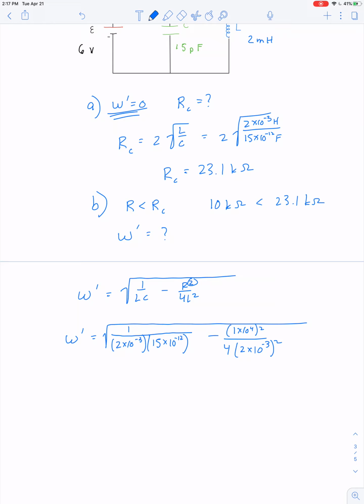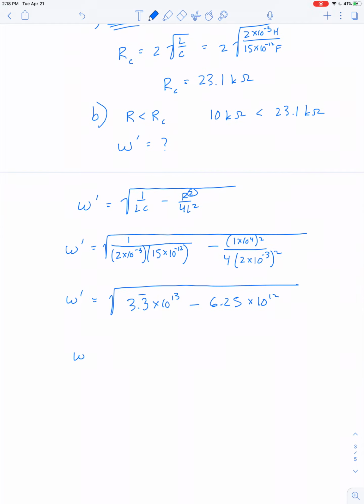Okay, so let's take this term by term. We have omega prime is equal to the square root of 3.3 repeating times 10 to the 13th minus, now the other term gives us 6.25 times 10 to the 12th.